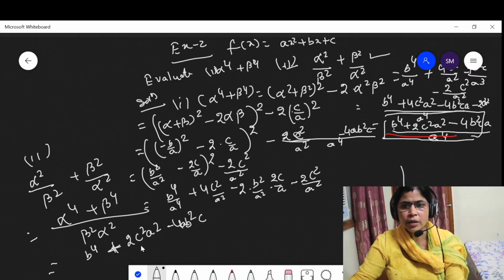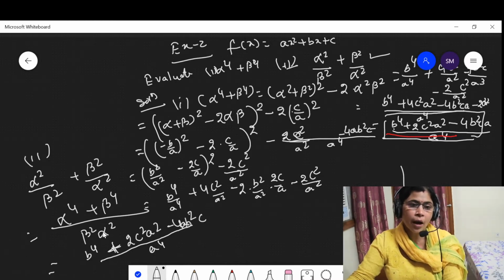c, and the denominator is a fourth, and in place of alpha square beta square we can write alpha beta whole square. Then we can write this as 1 upon c upon a whole square.